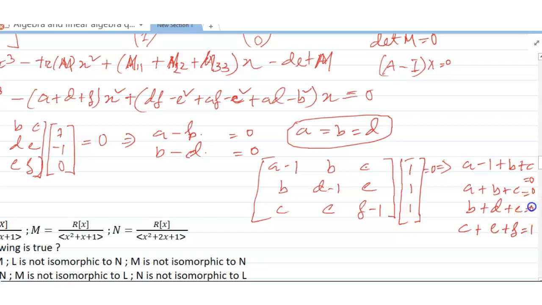Everywhere it is 1, not 0. So these are 3 equations I get.